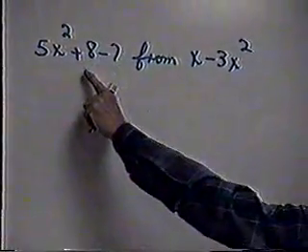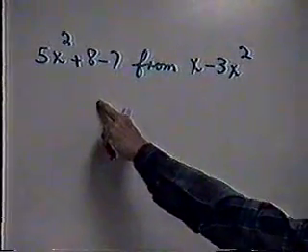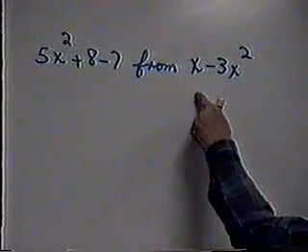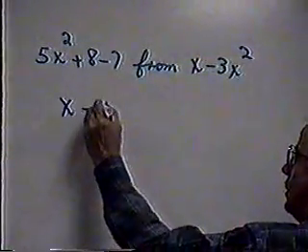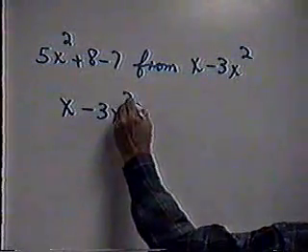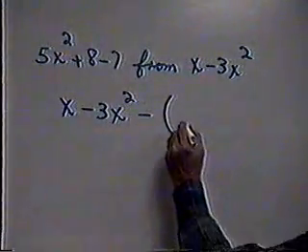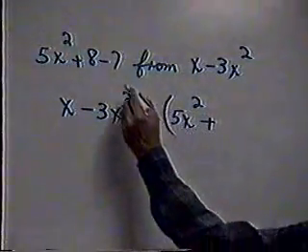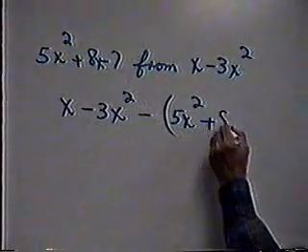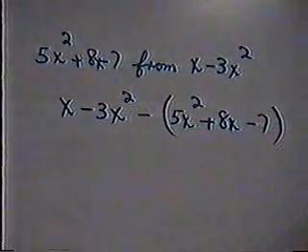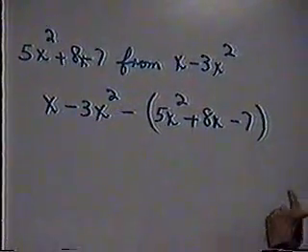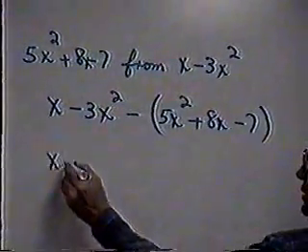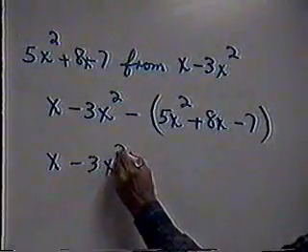Okay, we have this subtracted from this, which means we write this one first, minus, in parentheses, 5x squared plus 8x minus 7. All right, so this is x minus 3x squared.